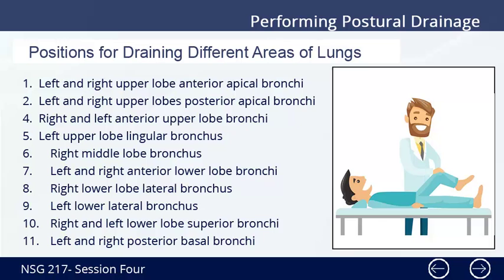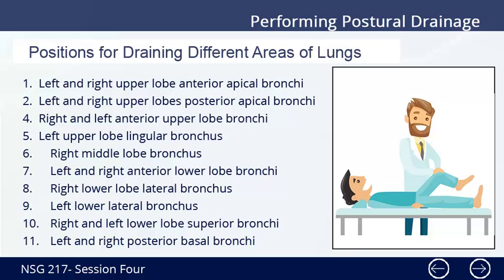Number 6, left and right anterior lower lobe bronchi. You will have patient lie on the back in Trendelenburg position with foot of bed elevated 45 to 50 cm. Have knees bent on pillow. Percuss and vibrate over lower anterior ribs on both sides.